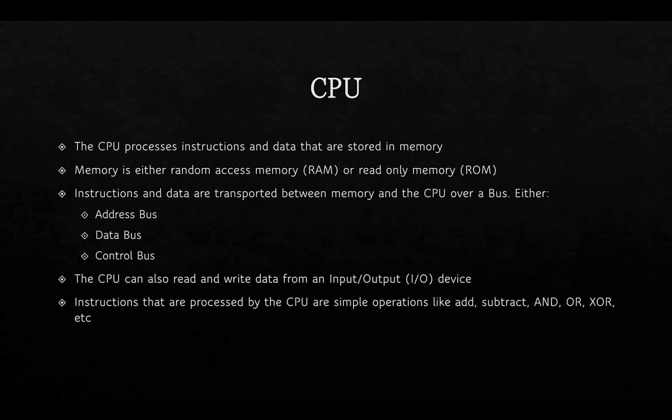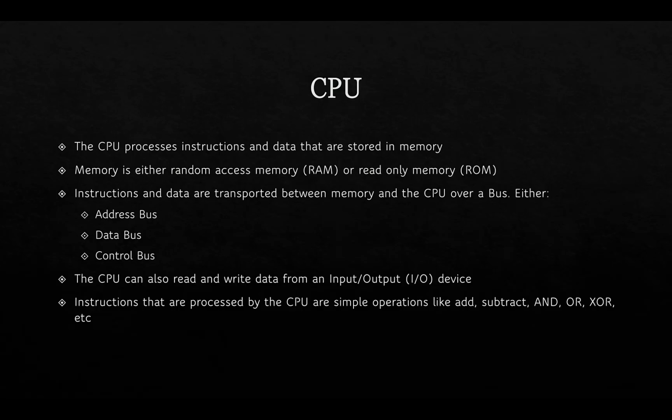Instructions and data for applications are transported between memory and the CPU over what's called a bus. There are three different types of buses in a computer: an address bus, a data bus, and a control bus. An address bus will communicate the addresses of instructions and memory.